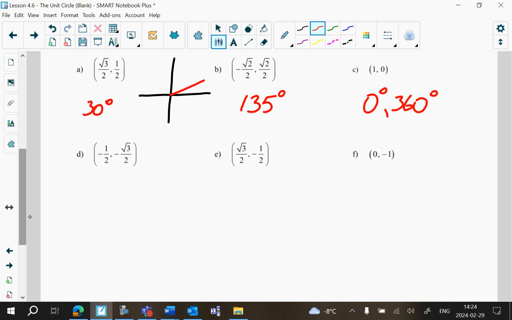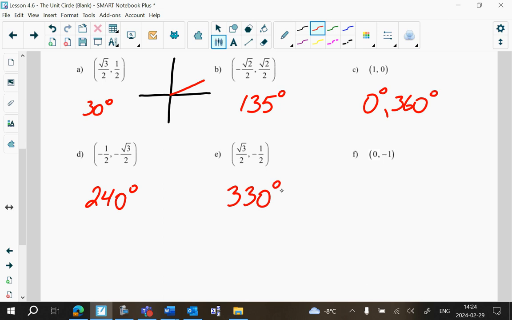This one here, D, it's the short one, then the long one. That's the 60-degree family, 240, because it's in quadrant 3. This is the 30-degree family, long then short, but it's in quadrant 4. 30-degree family in quadrant 4. 330, yes.